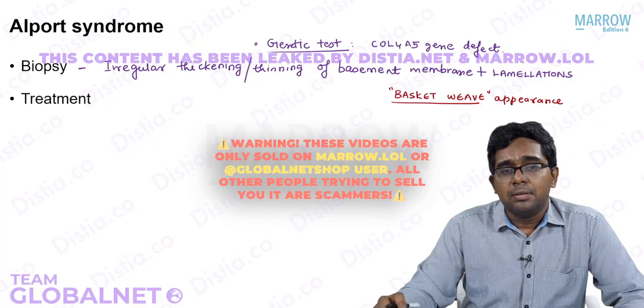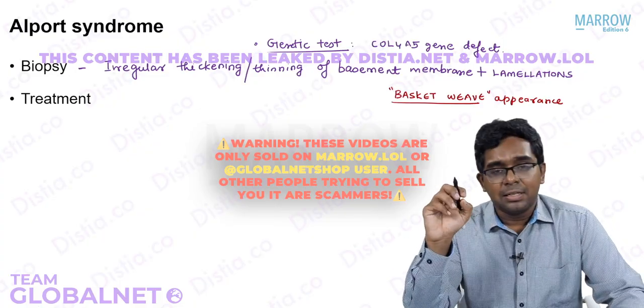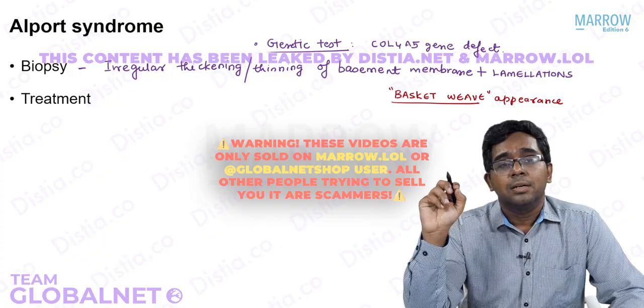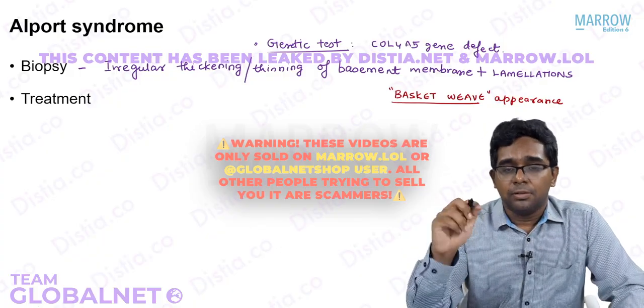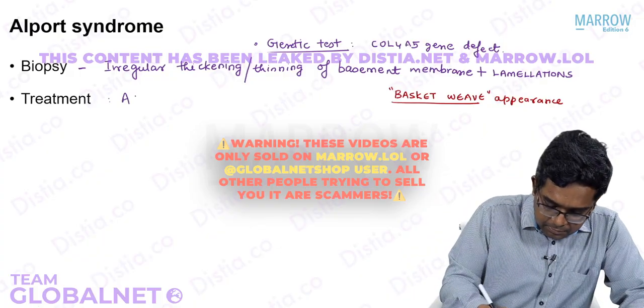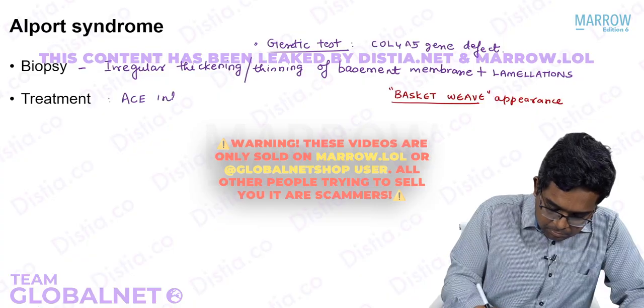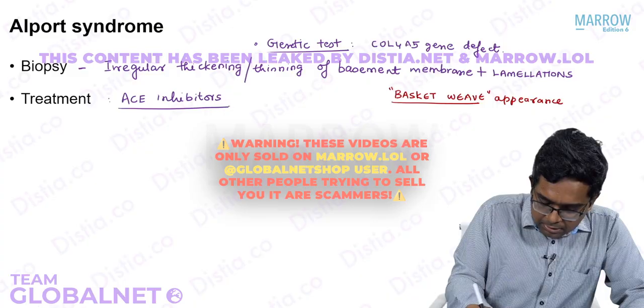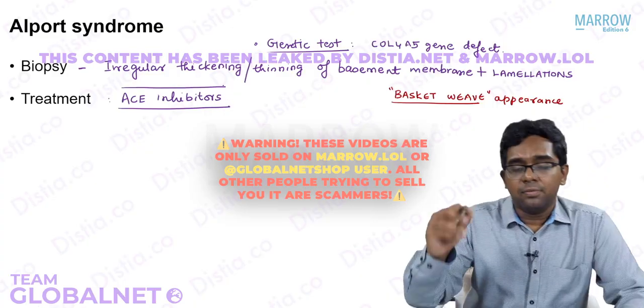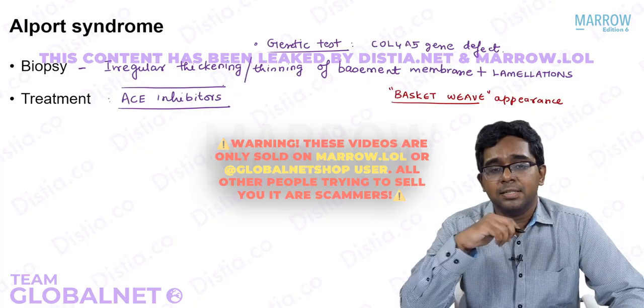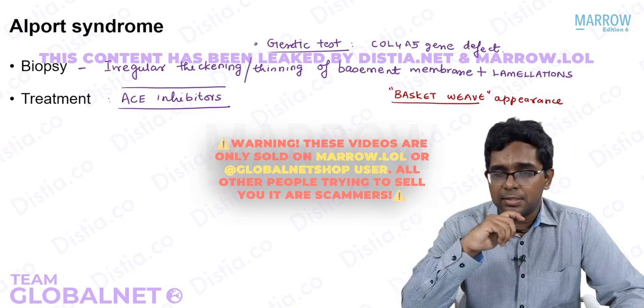What is the treatment? Please remember that treatment can be at best supportive only, in the form of ACE inhibitors. Now, ACE inhibitors, as I have said before, can modify the progression or decrease the incidence of chronic kidney disease in these children.